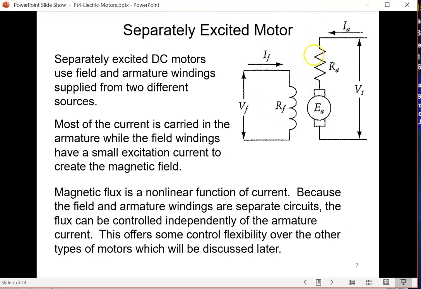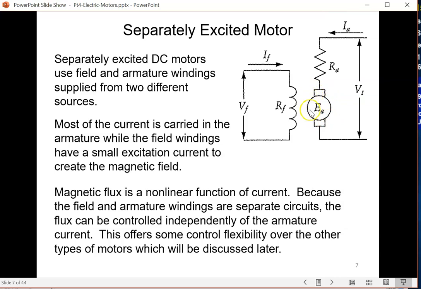On the other side, a voltage Vt is supplied to the armature winding. The armature winding will have its own resistance, but there's also something called back EMF. This part is known as the back EMF.